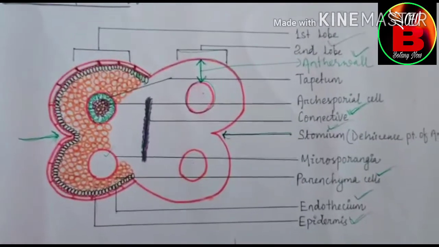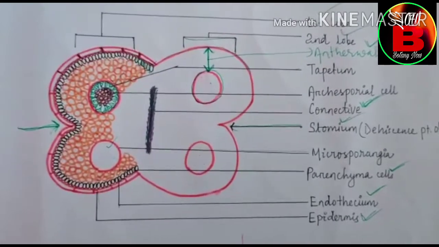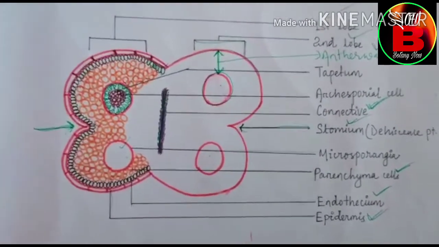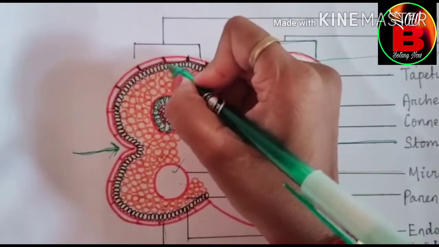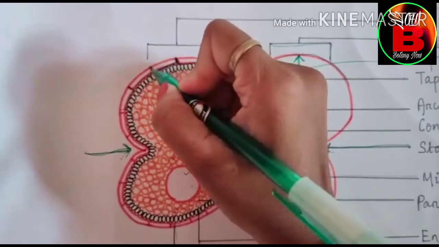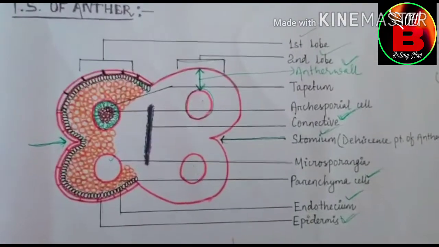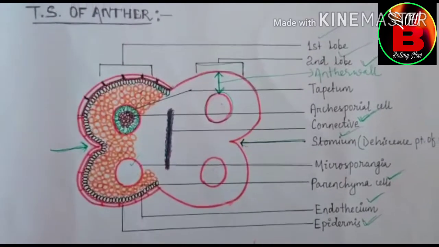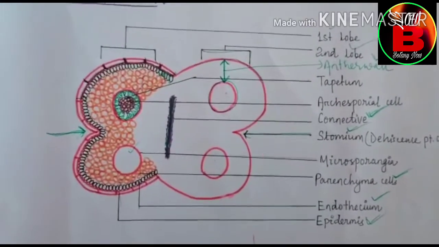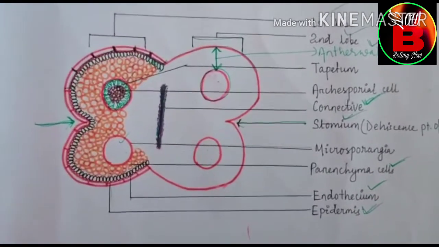The outermost layer is made up of a single layer of flat cells. These flat cells are called the epidermis. So the outermost wall is made up of epidermis, and the function of epidermis is only protective.